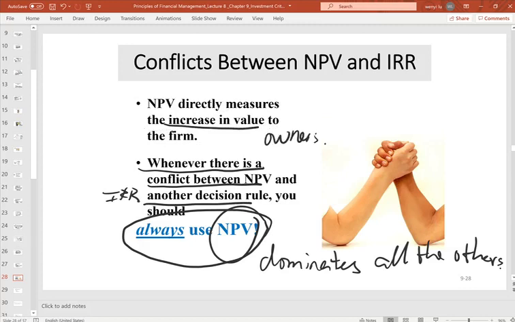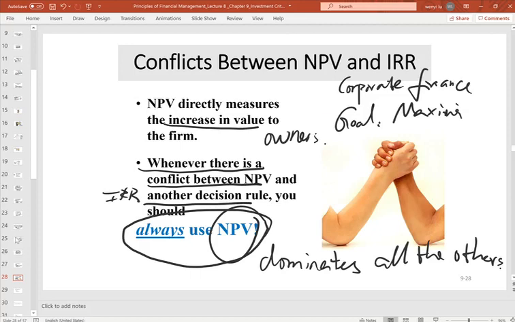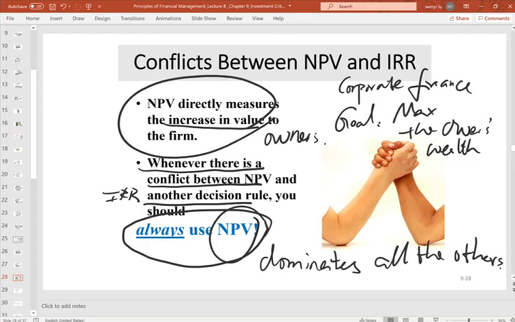We mentioned before, for the whole course of corporate finance, our goal is to maximize the shareholders', the owners' wealth. So this is a direct measure to meet our goals.